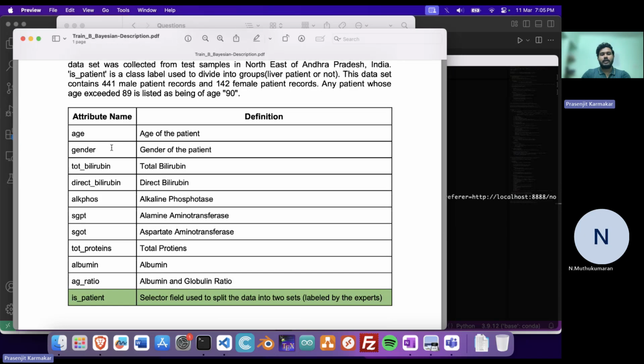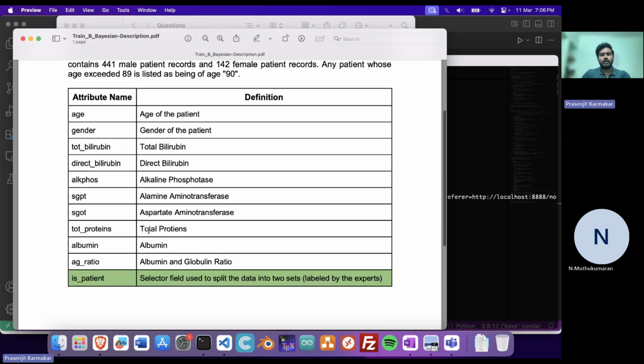It has whether it's a patient or not, age, gender, and these are kind of physiological measurements, like your total proteins.